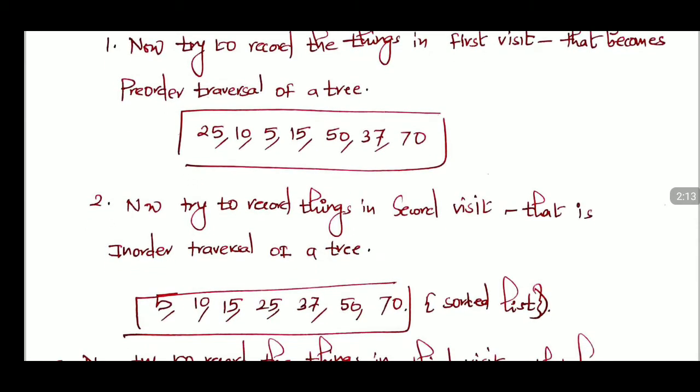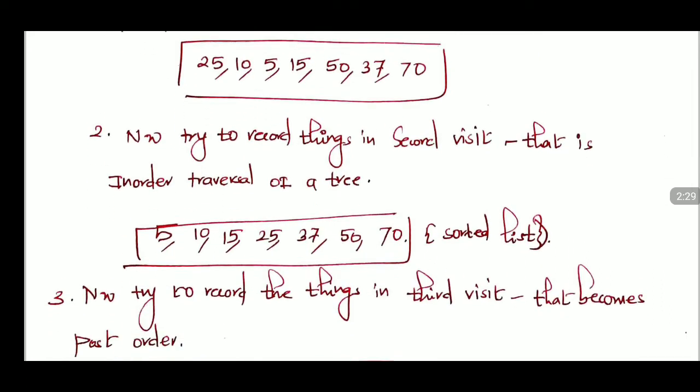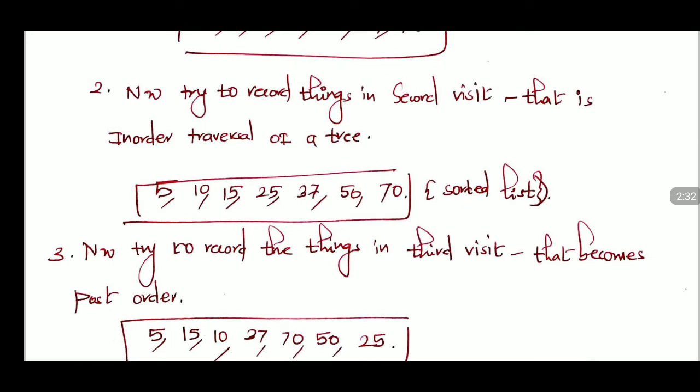Now we'll try to record the things in the second visit. If we record the second visit, we get 5, 10, 15, 25, 37, 50 and 70. If you look at this carefully, we can easily identify that the result we got from recording the second visit is a sorted sequence.